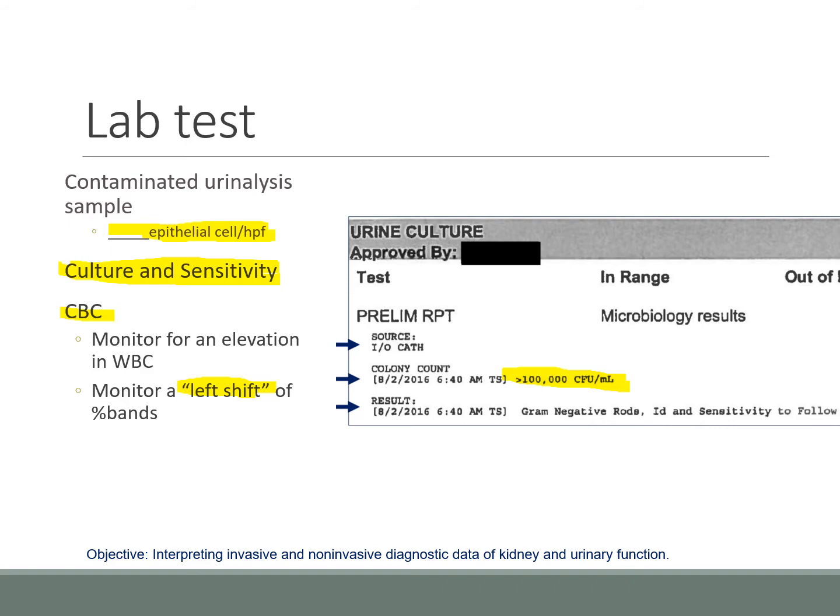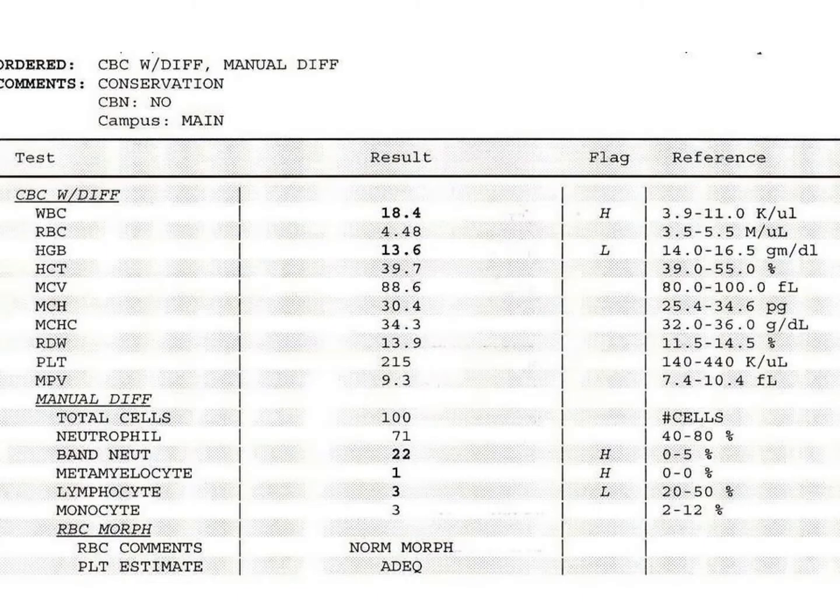I have an example on my next slide. This is a great example of a CBC on a patient who's developed urosepsis. The differential means a breakdown of more of the blood components. Oftentimes we'll just run a CBC on patients, but if somebody is suspected of having urosepsis, you want to see a CBC with differential.